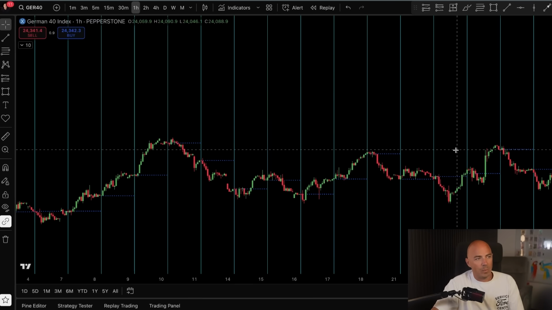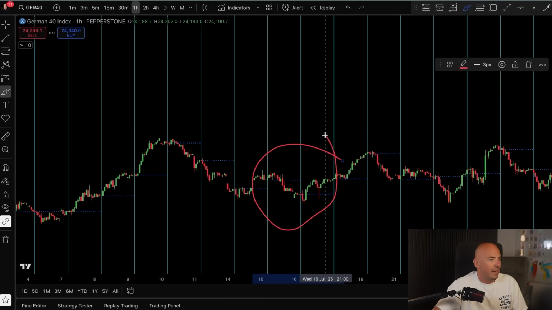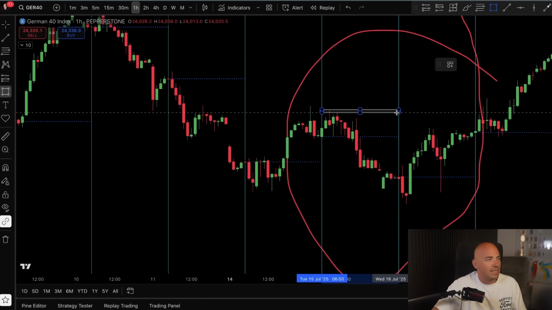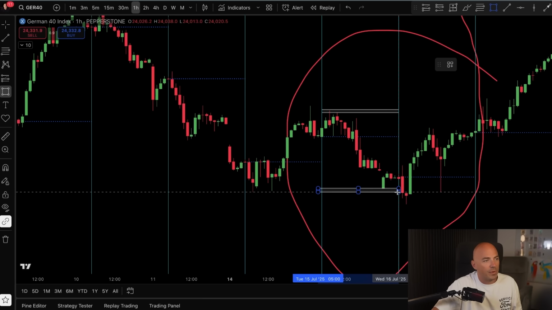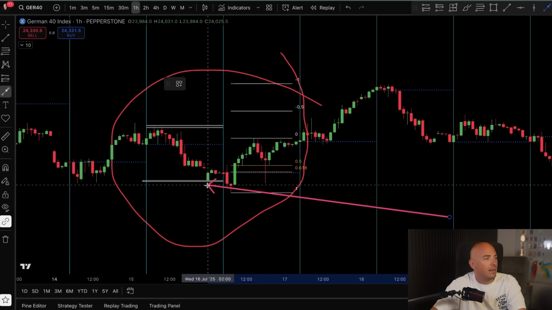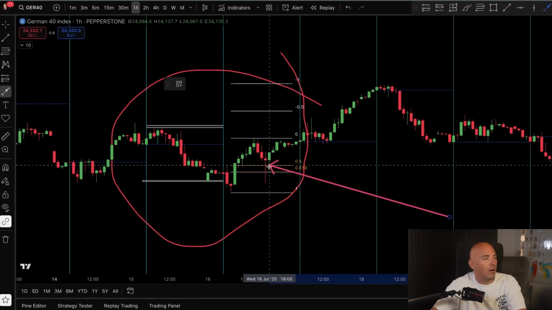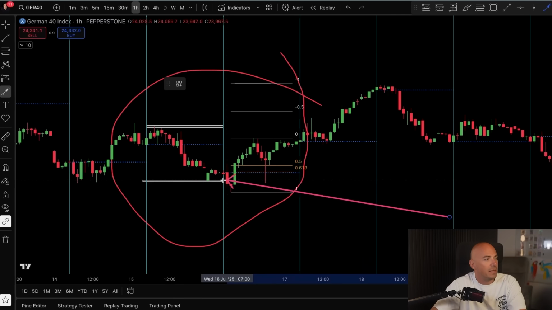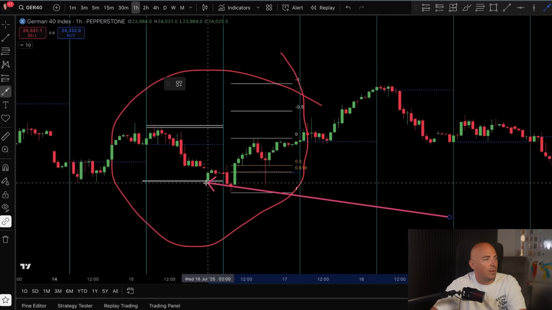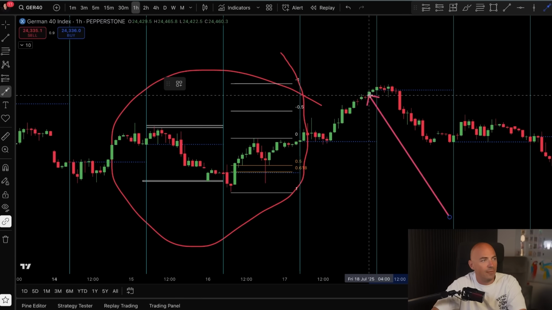Now, what we want to do is mark up each day separately. So let's zoom in right here. We have the previous day's high and we have the previous day's low point right here. The high, you had the low, a huge momentum swing up, a hard pullback, sweeping liquidity from the previous day's low, rejecting off the Fibonacci gold zone, and the entire subsequent day and a half was bullish.